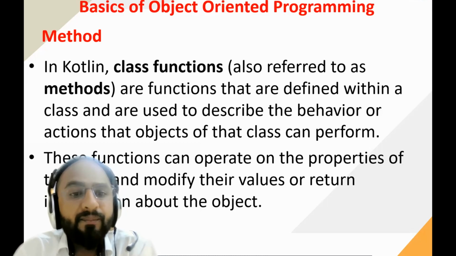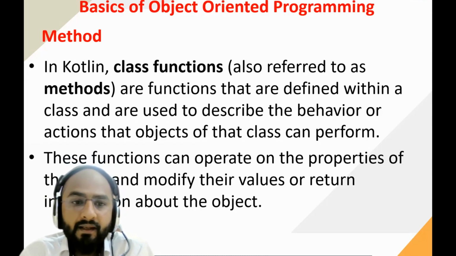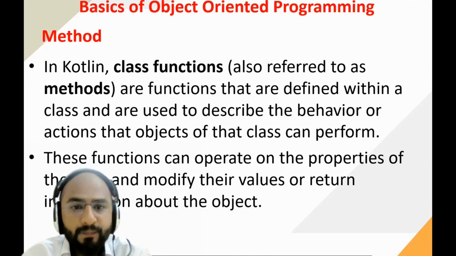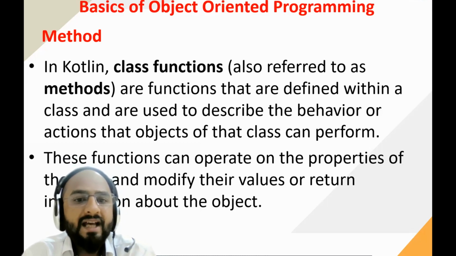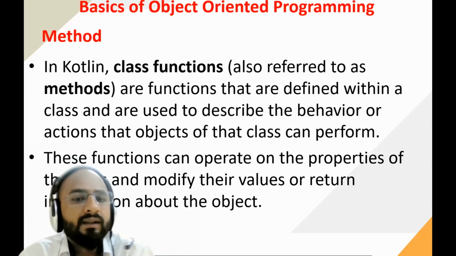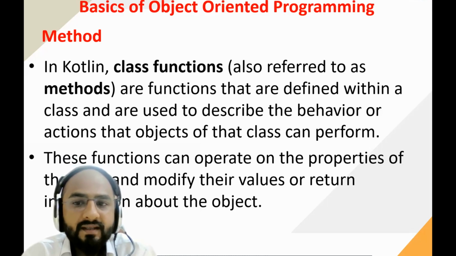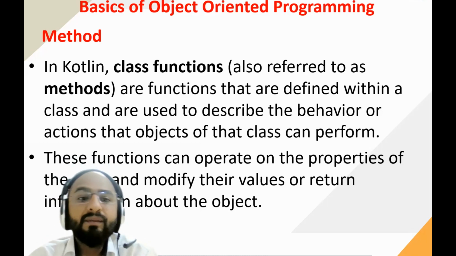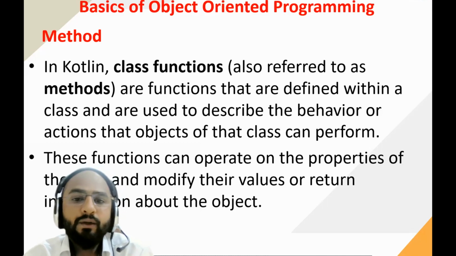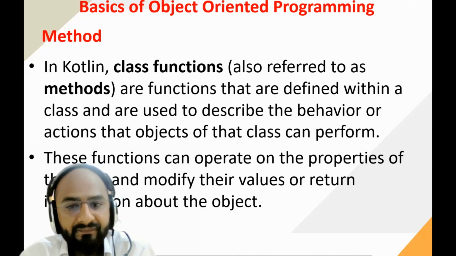This is also a very important point which is written over here. In Kotlin, class functions mean methods, or functions that are defined within the class, and they describe the behavior or action that an object of that class can perform.